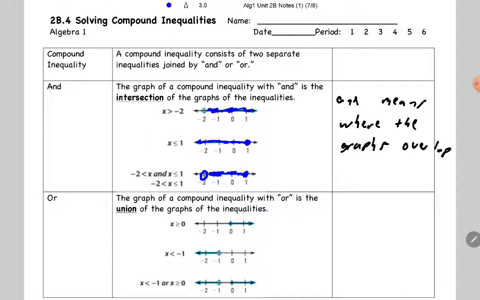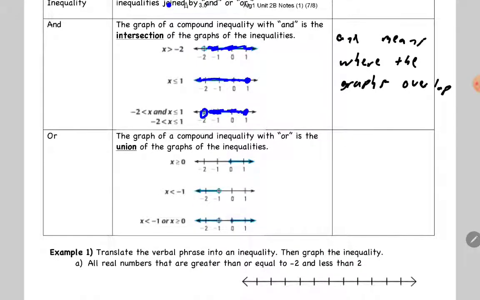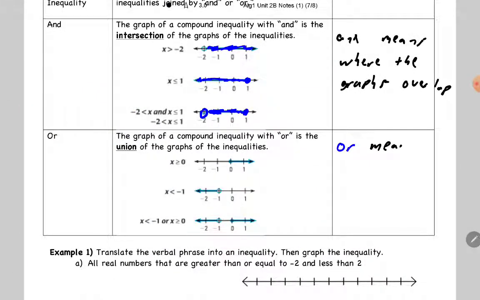Okay, so "or": we just combine. "Or" means putting the two graphs together on one line.